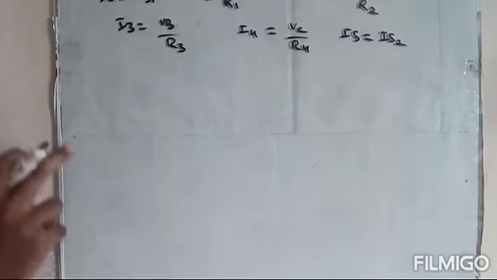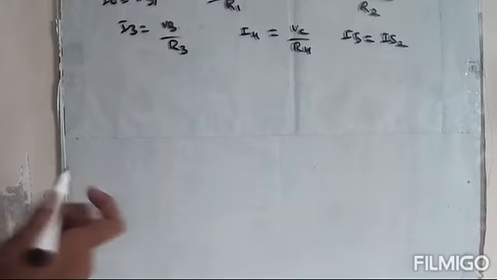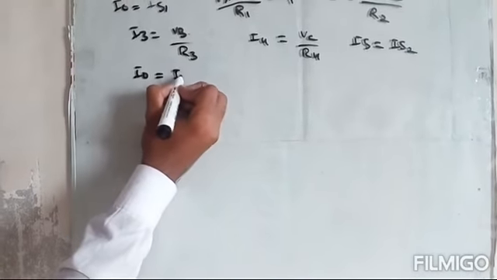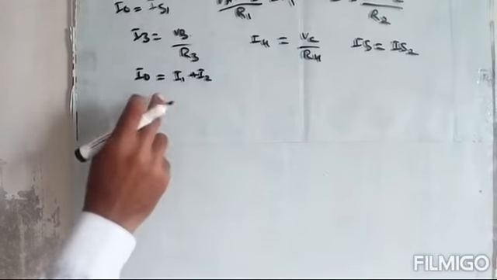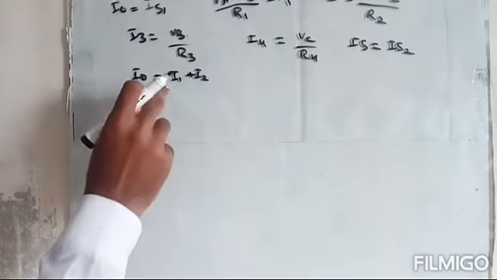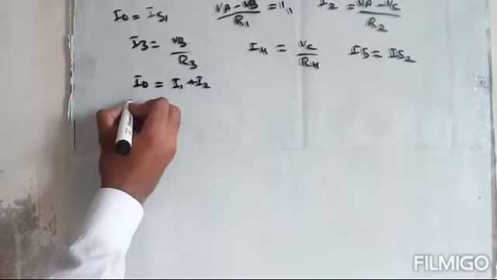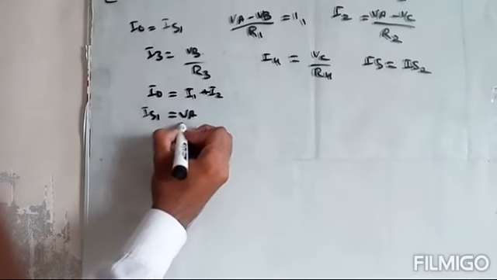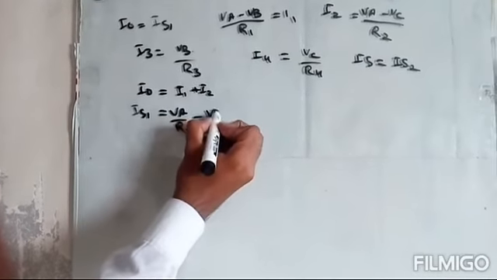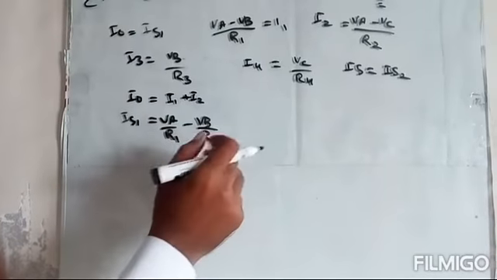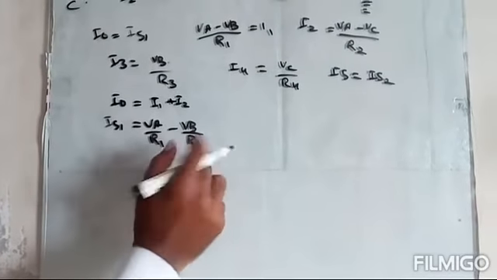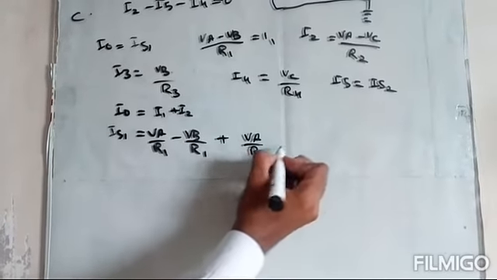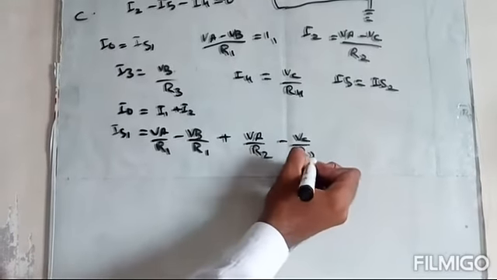Now we will put the values of these currents in the node equations. So the node A equation is I0 equal to I1 plus I2. I have taken the negative values of I1 and I2 to the other side and they have become positive. So I0, which is IS1, is equal to I1, which is VA over R1 minus VB over R1. I have separated the denominators in this step, plus I2, which is VA over R2 minus VC over R2.